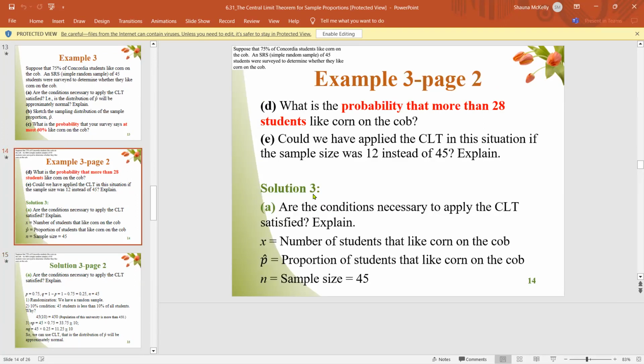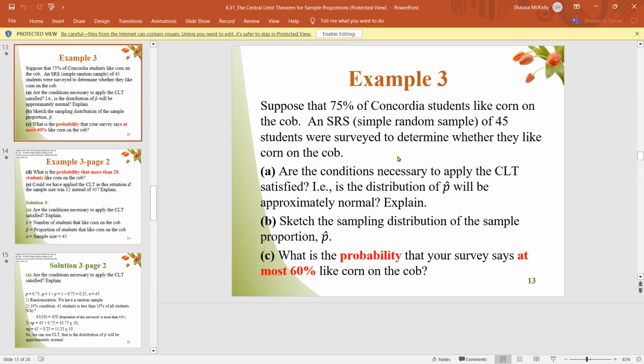So let me take you back to Concordia here. Here's 45, right? There's my sample of 45 people. My population is students at this university, Concordia, right? How many students are at Concordia?